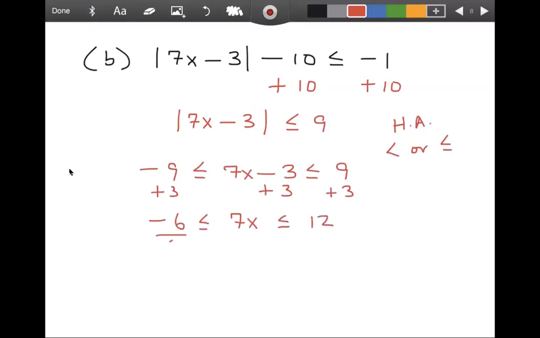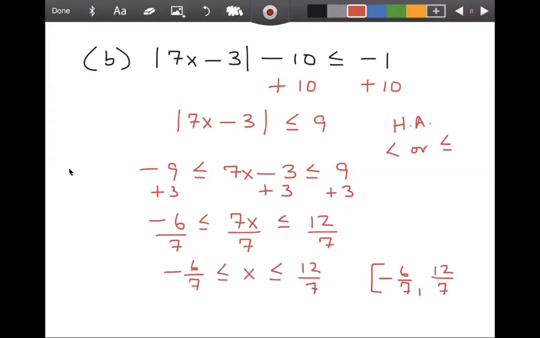And then we'll divide all 3 parts by 7, which gives us -6/7 is less than or equal x is less than or equal 12/7. So this is all real numbers between -6/7 and 12/7, including the endpoints. So in interval notation, that solution set looks like this.